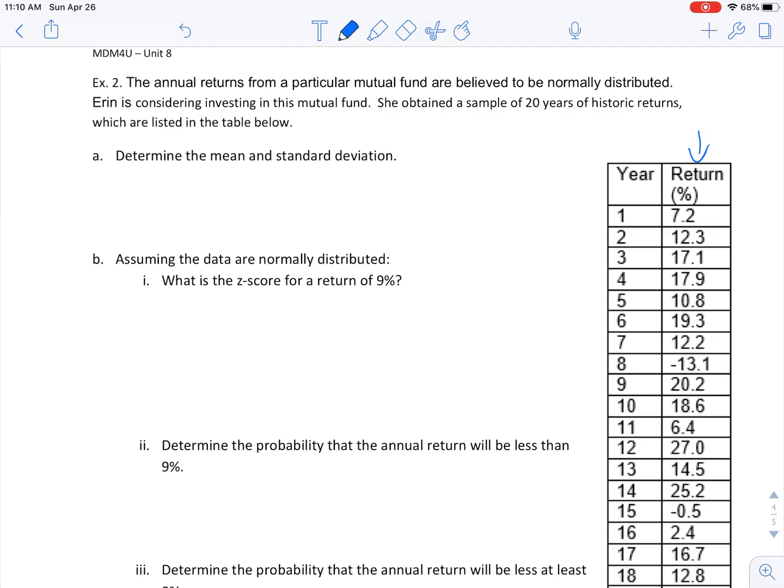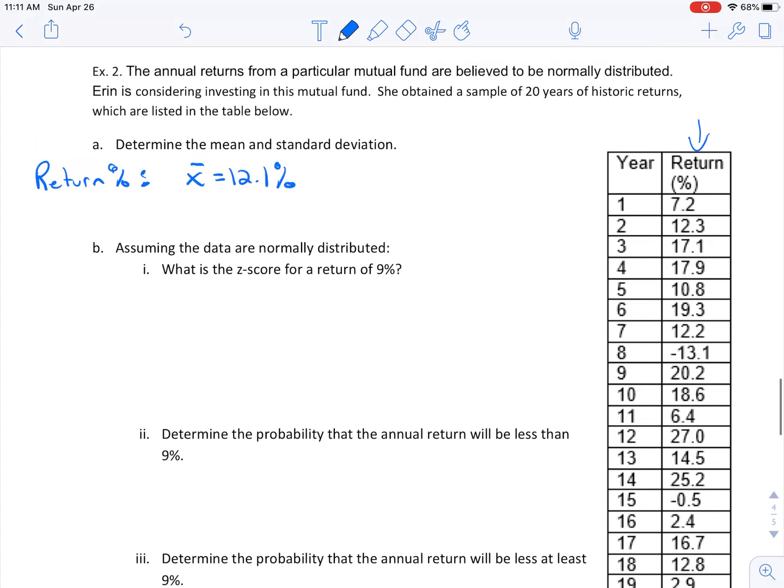So what you would do on your calculator is input all of the return percentages. You would go to data and edit your list and put that in. So if you do that, and I'm going to give you the numbers, you type them all in. So this is the return percentage we're looking at.